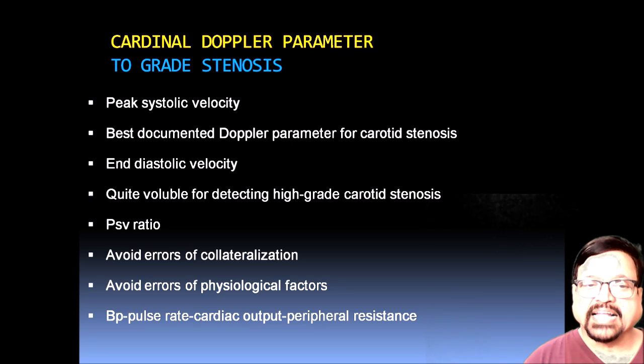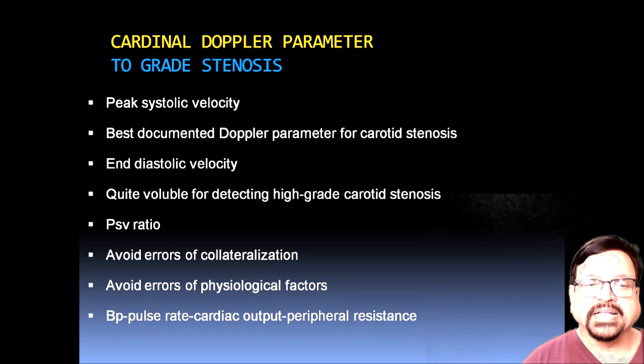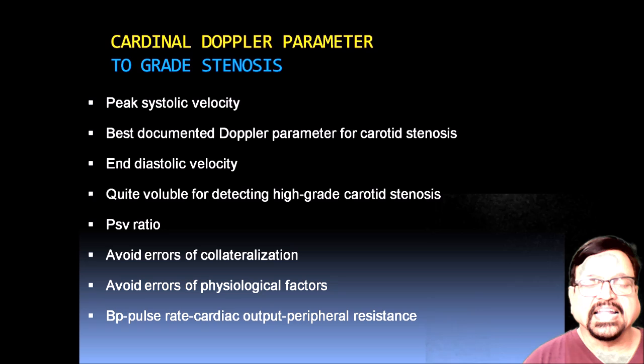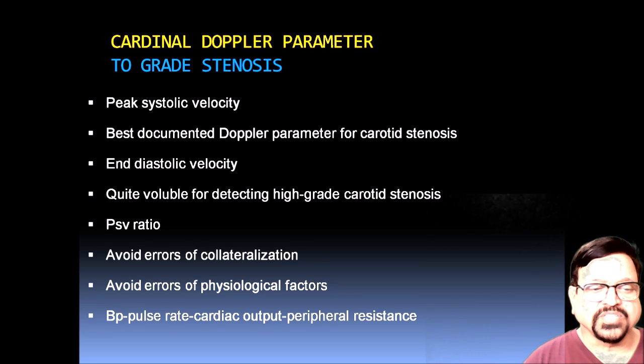Now, are there any other parameters to grade stenosis of the carotid artery? Yes, they are peak systolic velocity, the best documented Doppler parameter for carotid artery as of today. Then end diastolic velocity, and quite valuable for detecting high-grade carotid stenosis are the peak systolic velocity ratios.